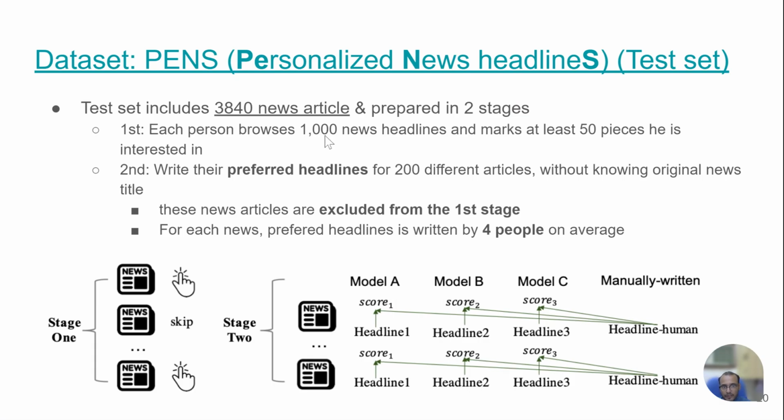In the first stage, the users were told to browse through 1,000 news headlines and click on 50 pieces they are interested in, and then later on come over to 200 different articles and write their expected summaries. And we made sure that each news article has at least four annotations.